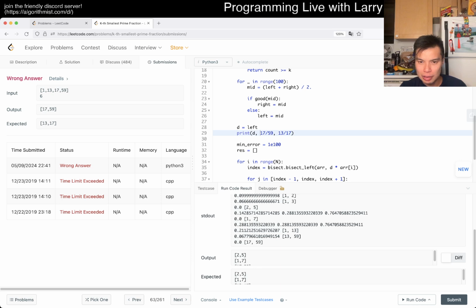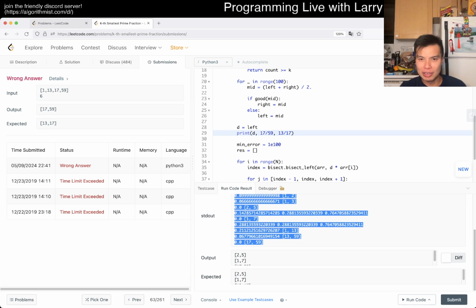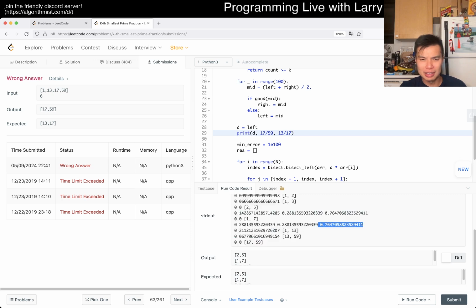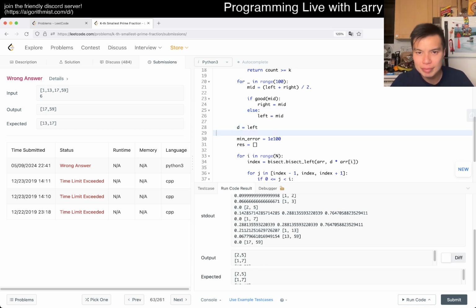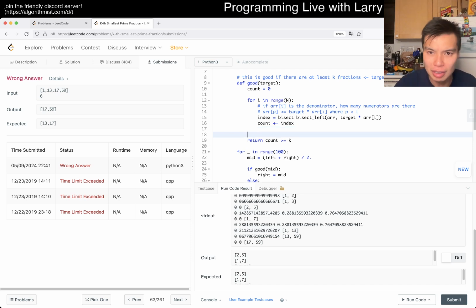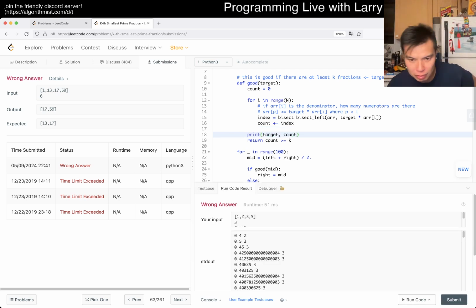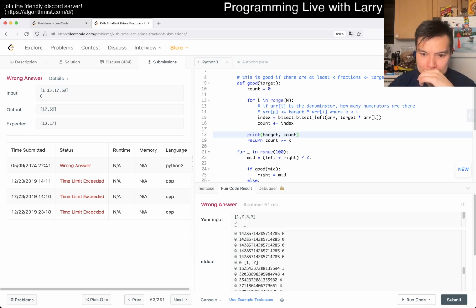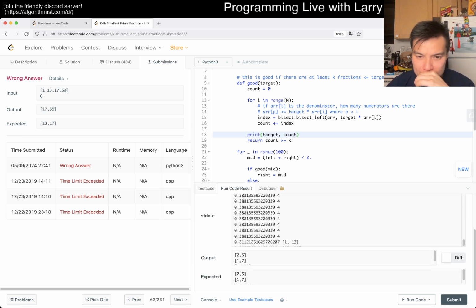because it thinks that the answer should be this, but the answer is actually this, which is actually off by a lot. 6. All right, let's take a look real quick. Yeah, maybe there is some off by 1 here.